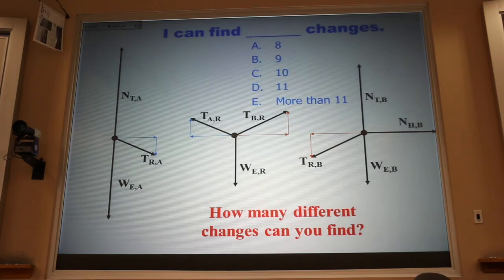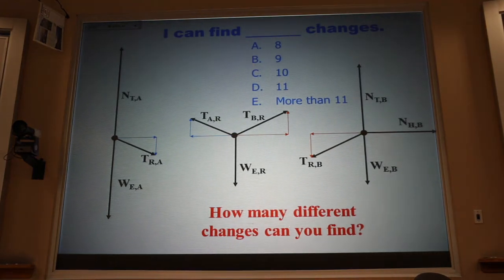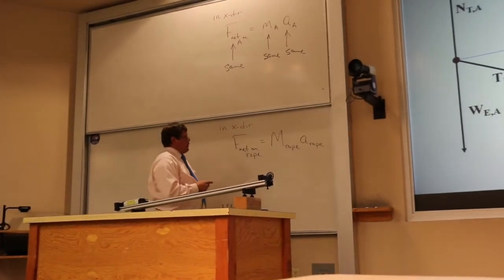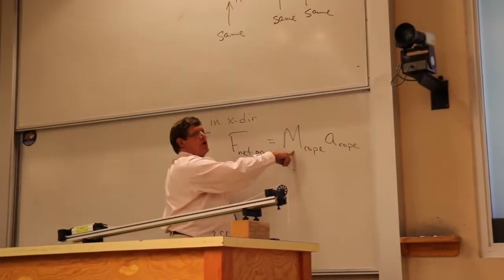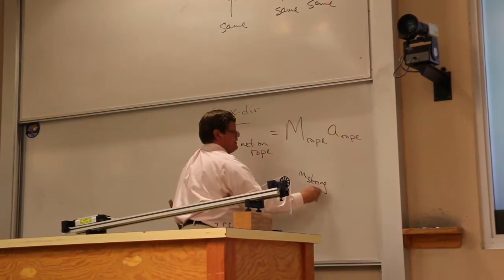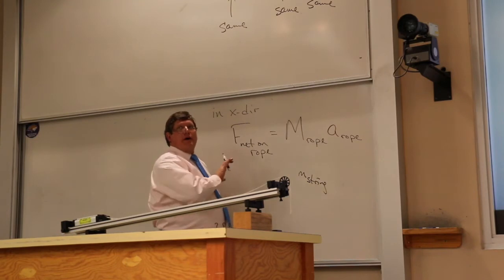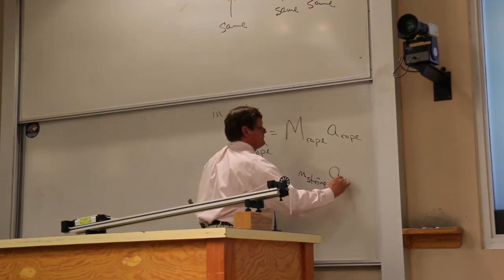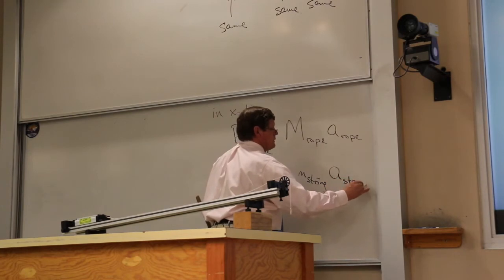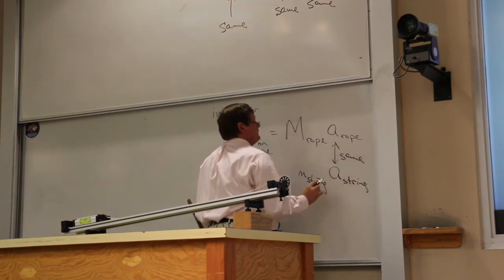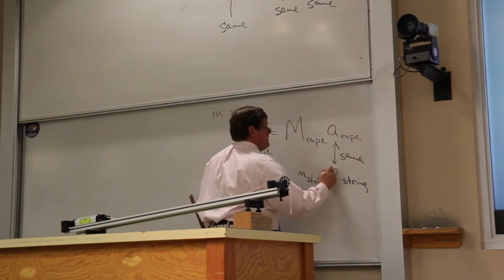I hope the answer that you gave your neighbor was yes. It changes. It has to change. And you use Newton's second law as your reasoning. When the mass of the heavy rope changes to a very small mass of a string, but we require everything to have the same acceleration it had before, did I draw that the same?